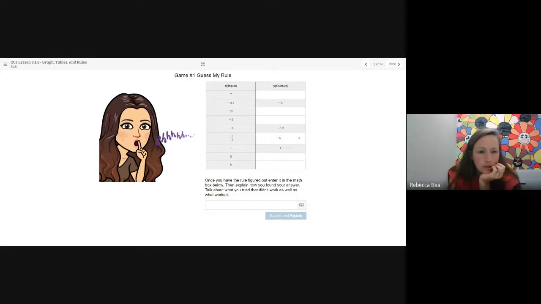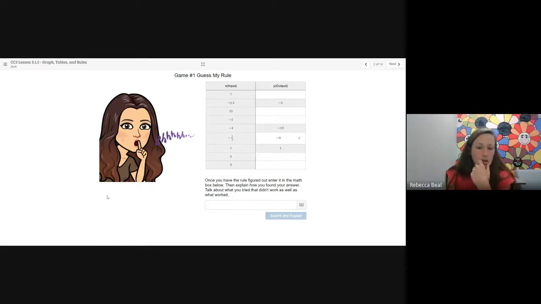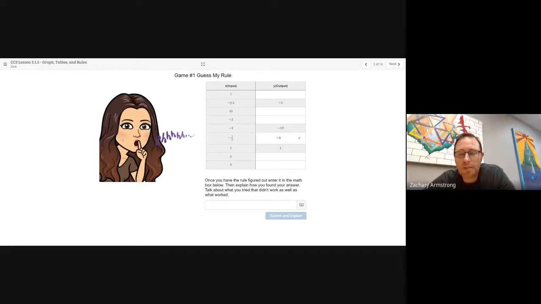Okay. So I'm seeing negative 0.5 or negative 1/2 turns into negative 5. What if the rule is multiply by 10? I think that would work, but that doesn't work for the -4 one. Oh, right, because that would be negative 40.